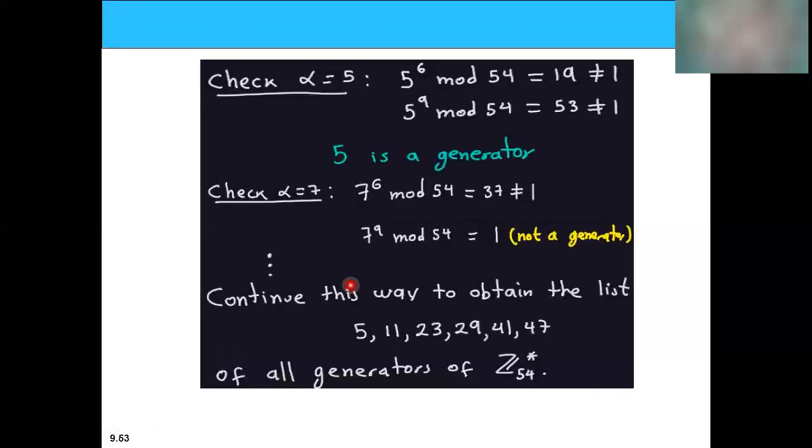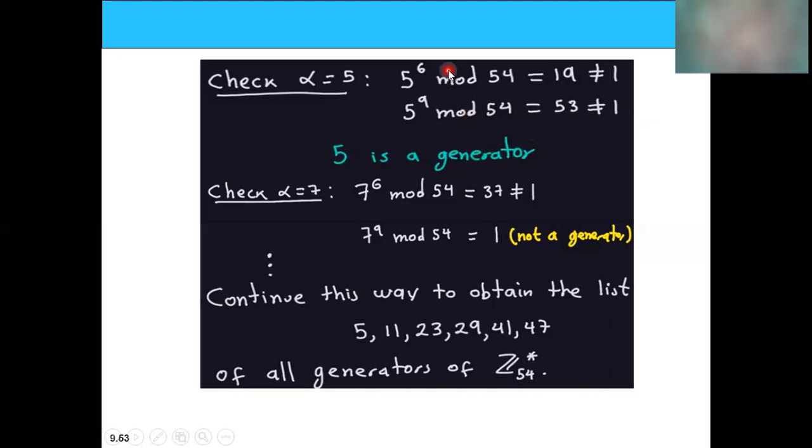So let us check alpha is 5. Alpha to the power 6 mod 54 is equal to 19, which should not be congruent to 1. 5 to the power 9 mod 54 is 53 under mod 54. These are again not congruent to 1. In that case, 5 is a generator.